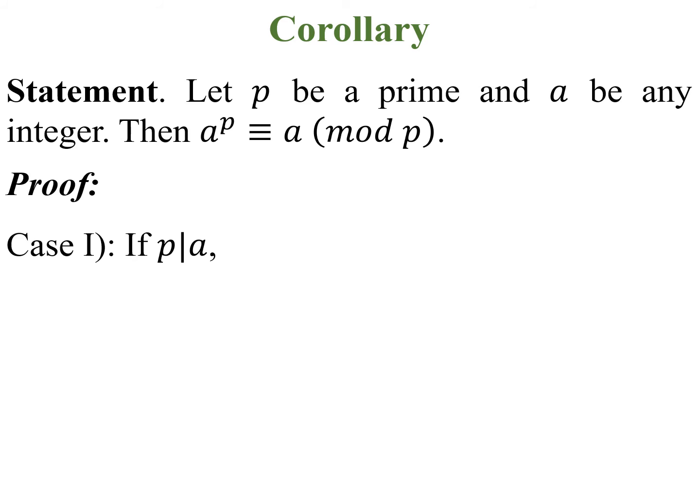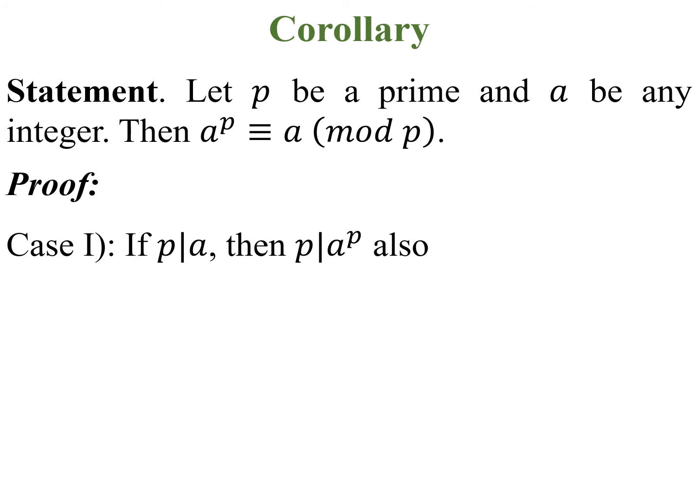Here we consider two cases. First case is if P divides A. If P divides A, then A is divisible by P. So A is congruent to 0 modulo P. Okay. So when P divides A, P also divides any power of A. If P divides A square, P divides A cube also.